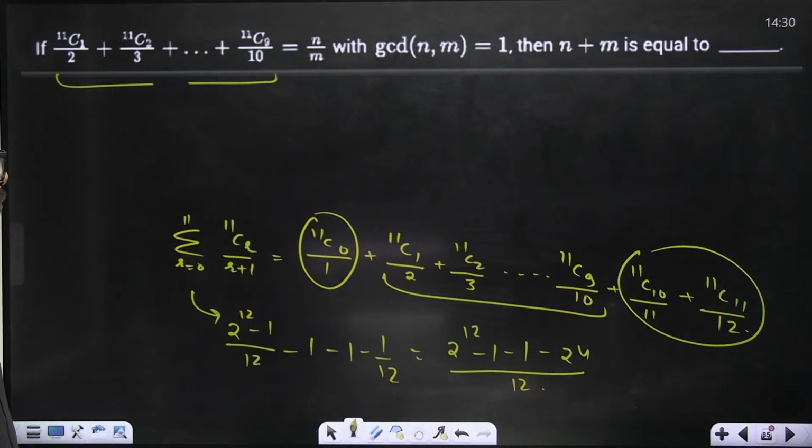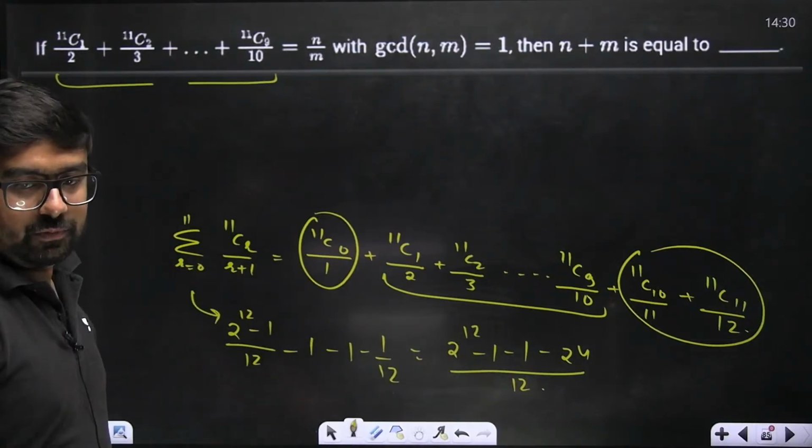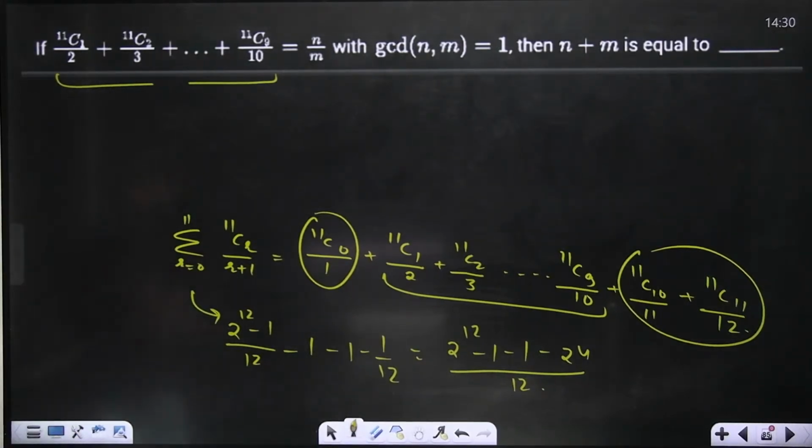2 to the power 12 minus 26 divided by 12. So it will be 4070 divided by 12.